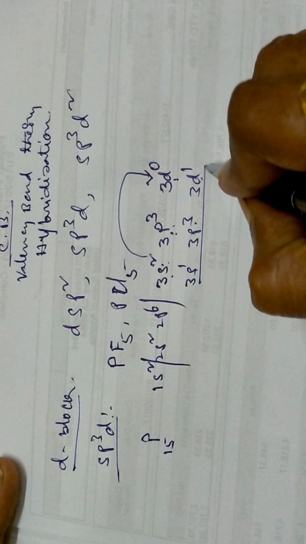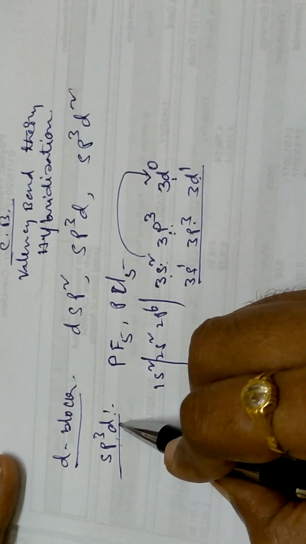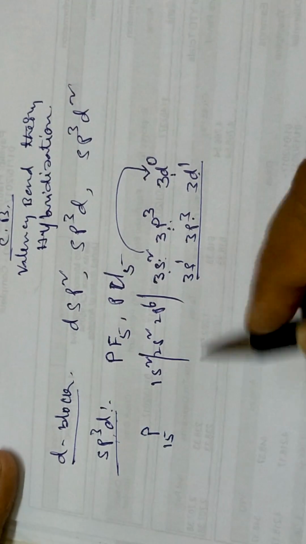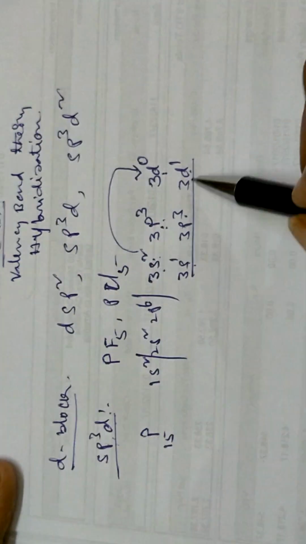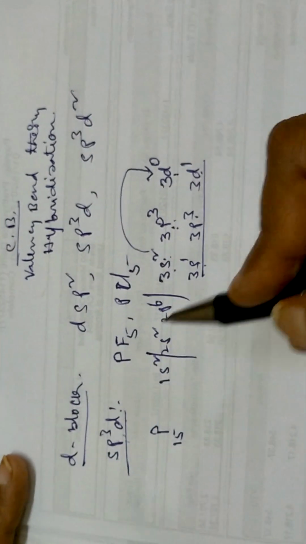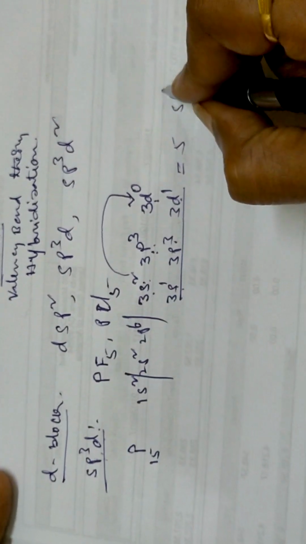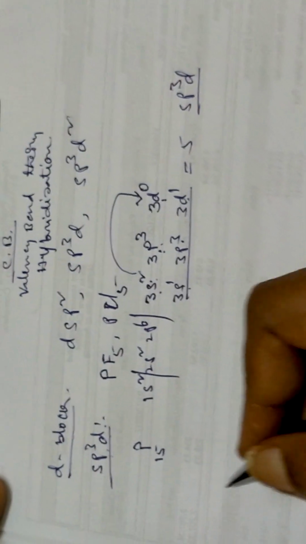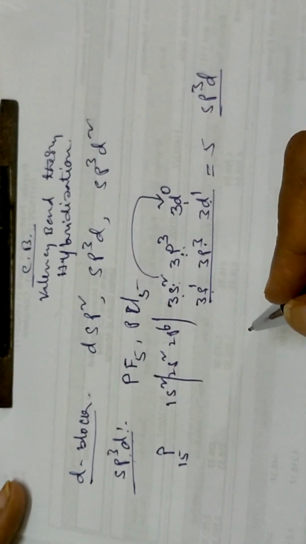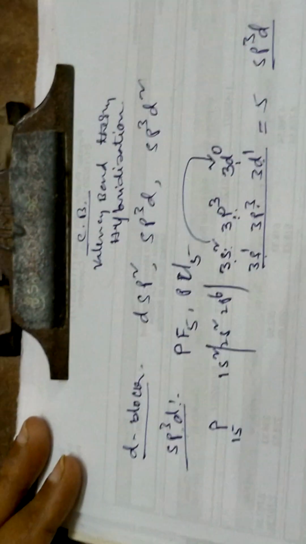So it is meeting the norm of sp3d: one s orbital, 3 p orbitals and 1 d orbital mix and give 5 sp3d orbitals, forming PCl5 or PF5.